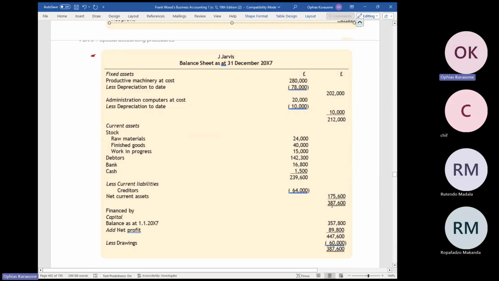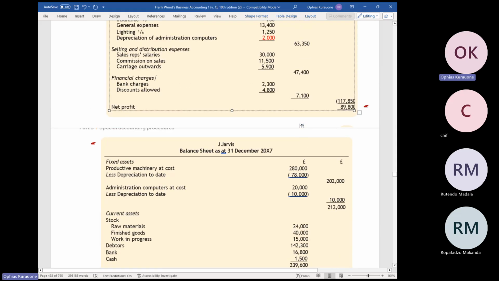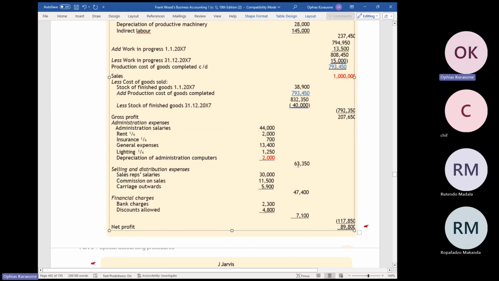Then when you are going to the balance sheet, that's the statement of financial position. Production machinery, its cost was 280,000.